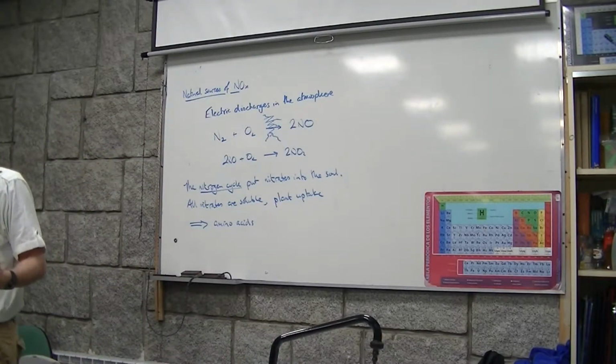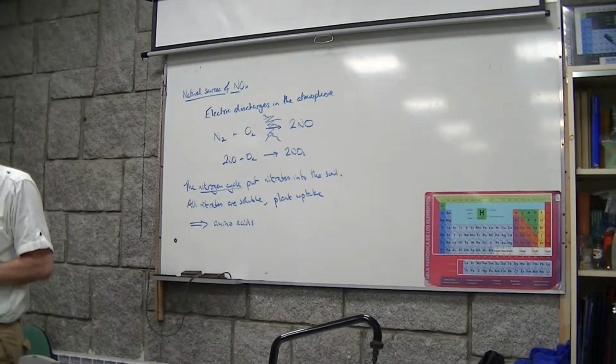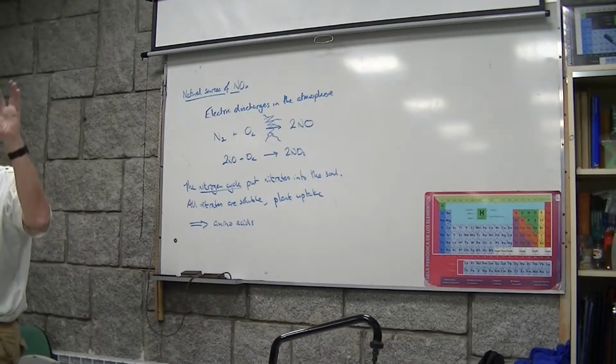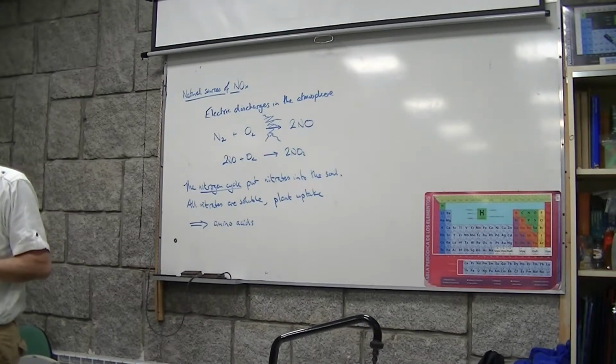The vegetation uses the nitrates to then produce the amino acids. Nearly all plants require nitrates of some kind, soluble nitrogen compounds. There are very few plants that can fix the nitrogen out of the air. Does anyone know what you call a plant that can actually take the nitrogen out of the air and use it?